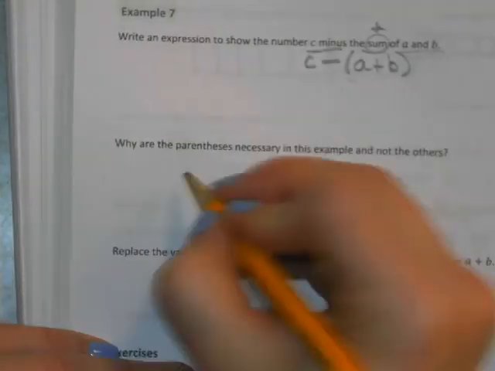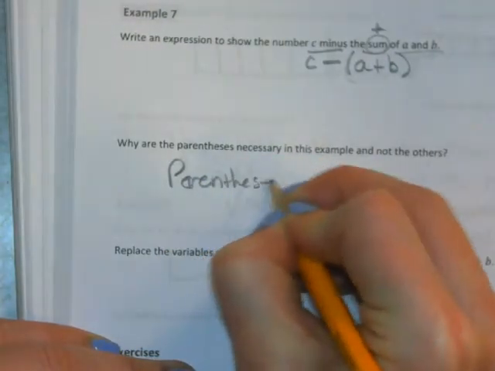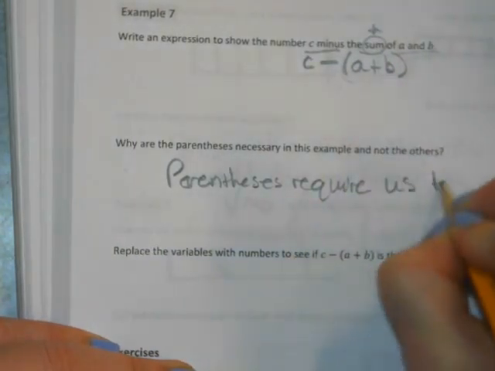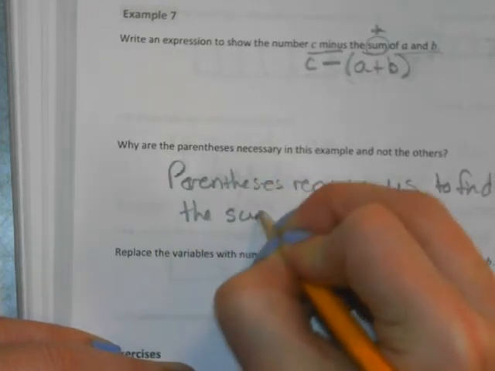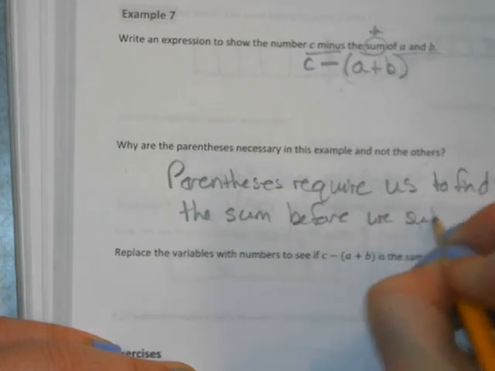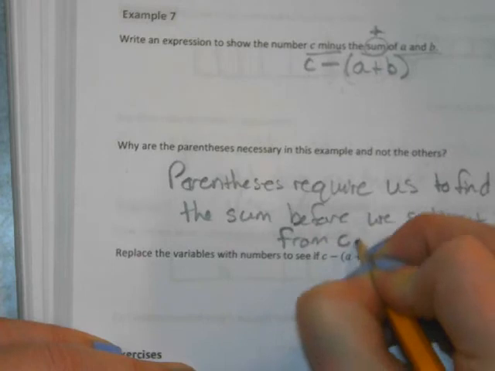And so the parentheses require us to find the sum before we subtract from c.